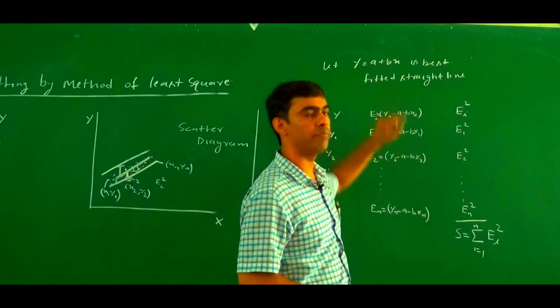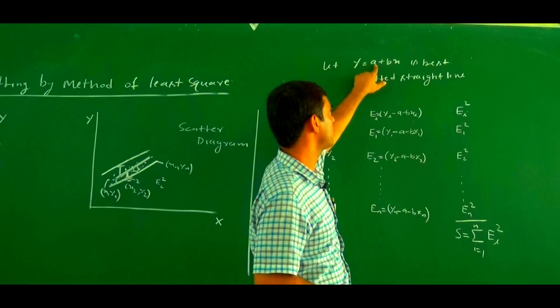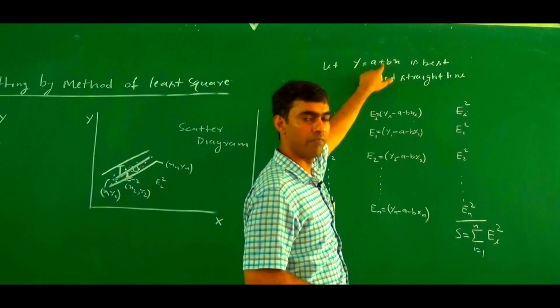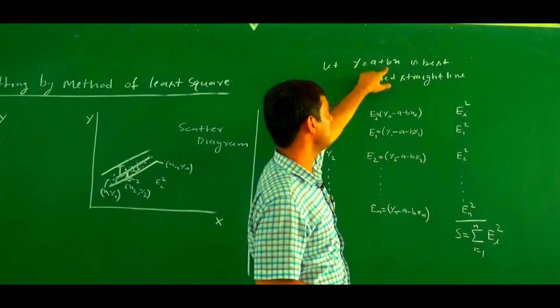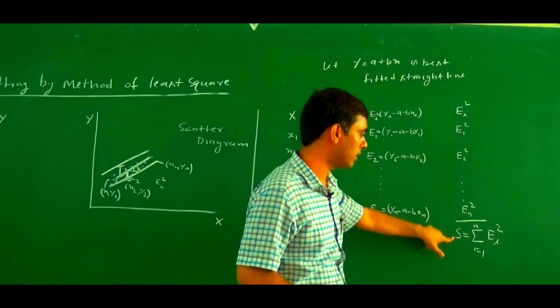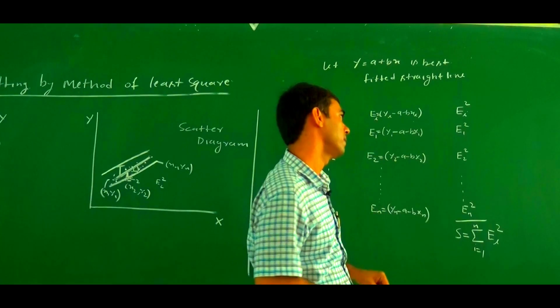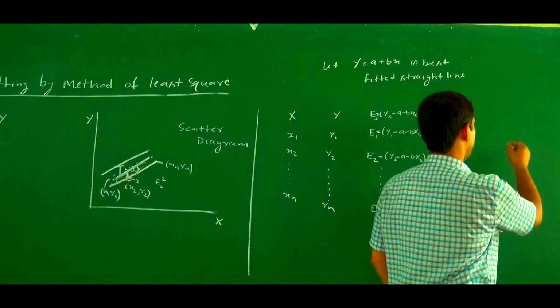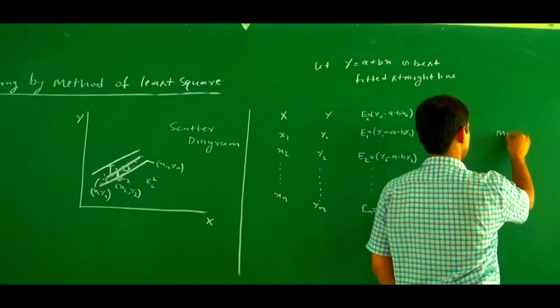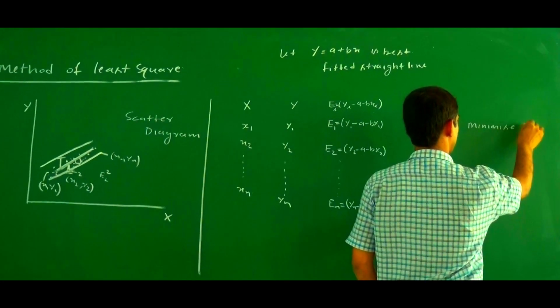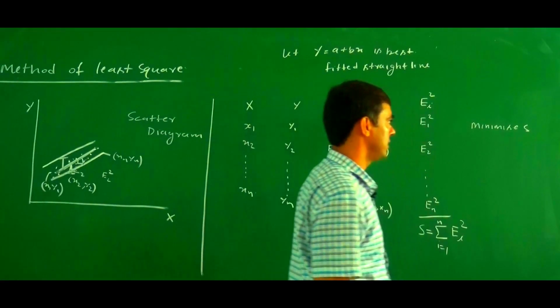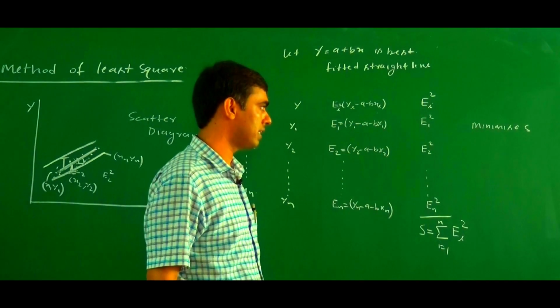The variable is a and b, because our aim is to find the best fitted value of a and b, means such values of a and b which minimize the value of S. So our aim is to minimize S.